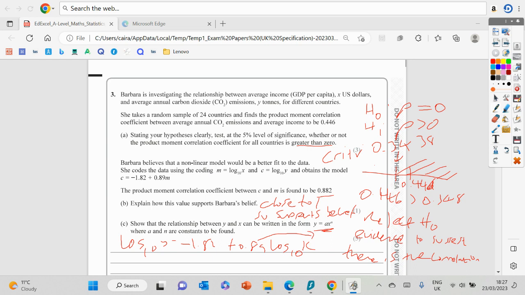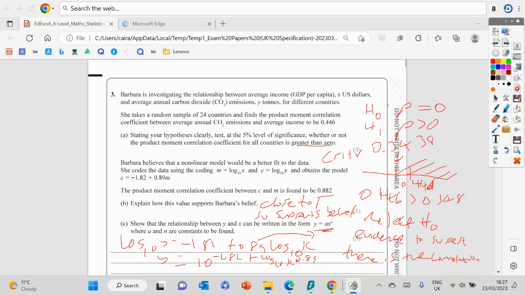So the 0.89 can come up to the power, and we can exponentiate both sides to get y equals. So we get y equals 10 to the minus 1.82 plus log base 10 x to the 0.89. So we can break this apart into two now.